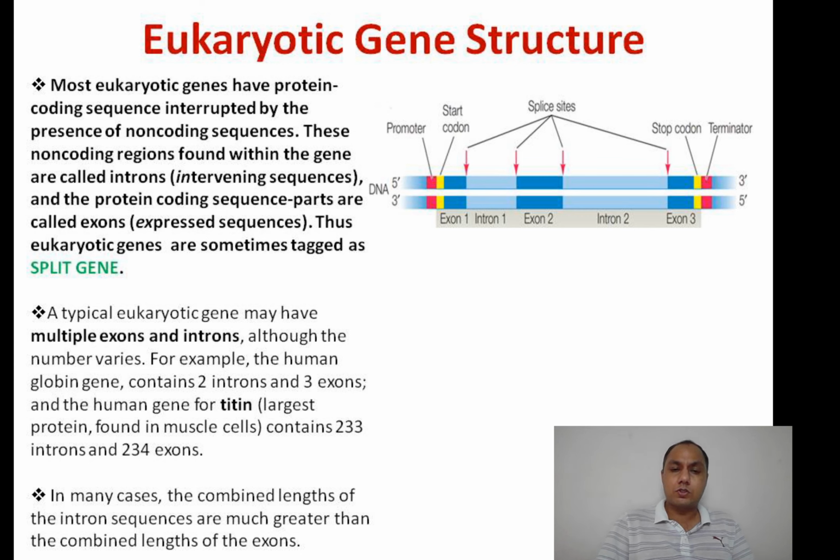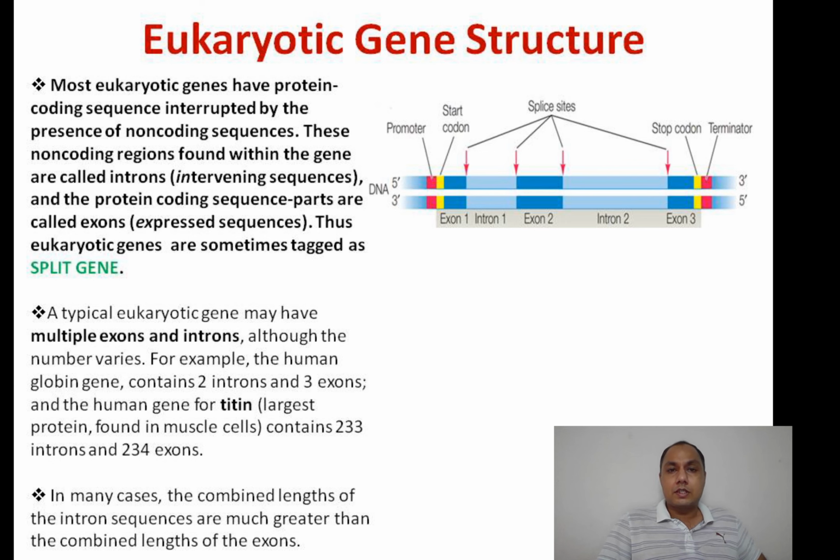Sometimes it is also found, interestingly, that the combined length of the introns is much greater than the total of the exons. That means if 2 introns are present, it may be possible that their combined length is greater than the combined length of 3 exons.